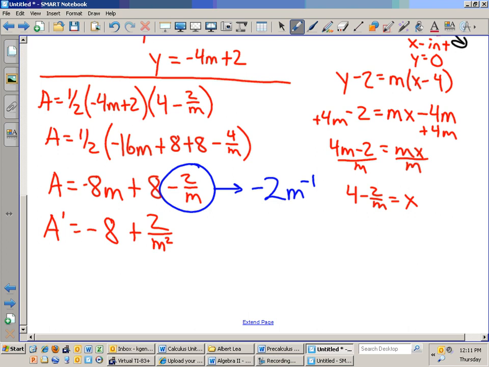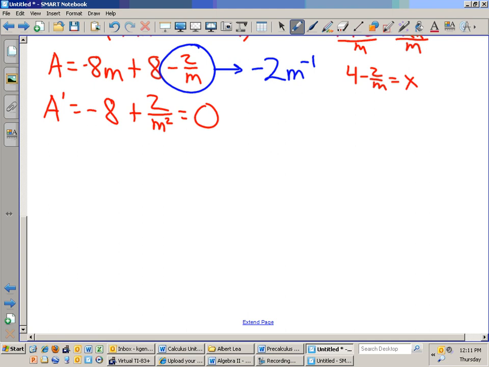We should set that equal to 0. Solve for m squared. What do I do to both sides? Add 8. 2 over m squared equals 8. Cross multiply, solve. 8m squared equals 2.